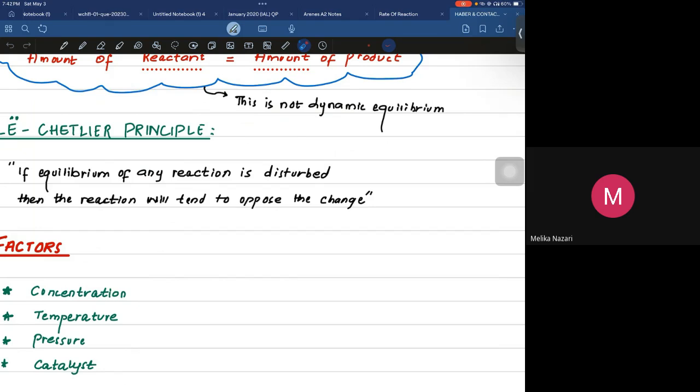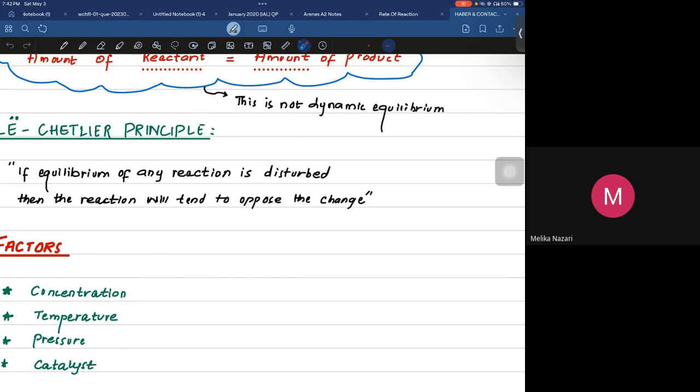You are at equilibrium right now, but when I disturb your equilibrium, you will try to maintain it by changing your position, by doing some movements. You will try to achieve your previous position that you were in a minute ago.